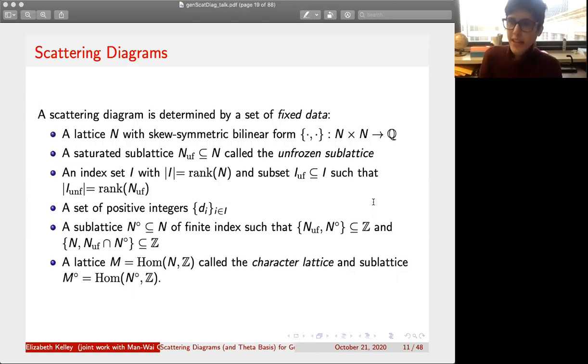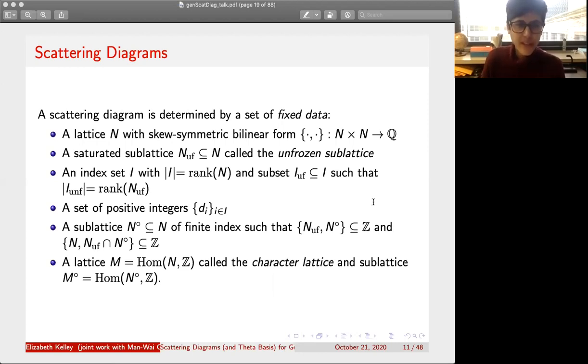So just like a cluster algebra is defined by a seed, we can talk about the data that's used to define a scattering diagram. So loosely, what we want to think is that we've got some lattice, N, that's got some bilinear form defined on it.